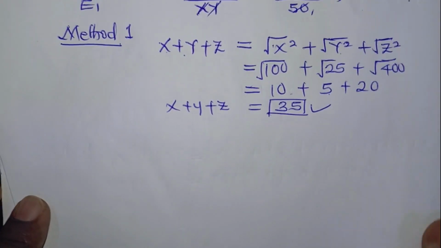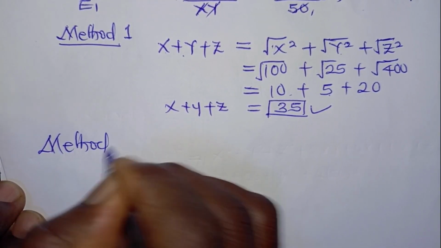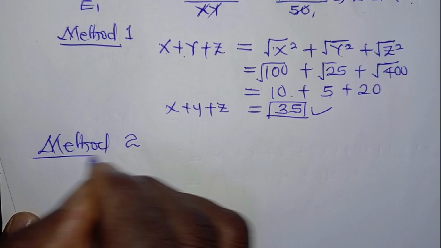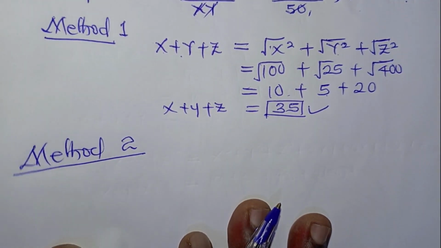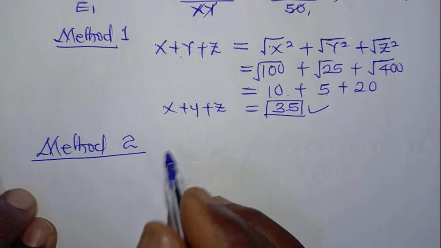Okay, so the other method, let's look at method 2. In method 2, we are going to apply algebra identities to solve that.